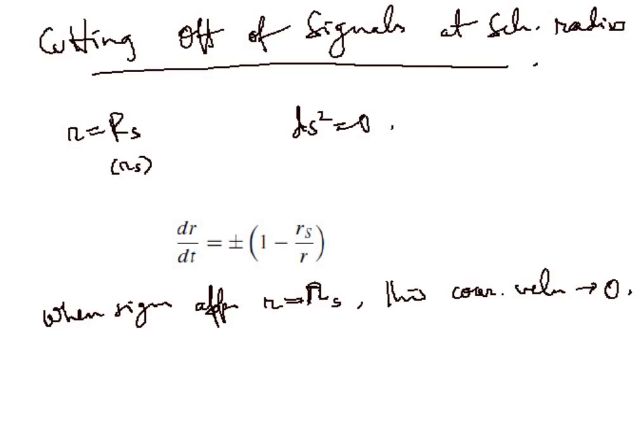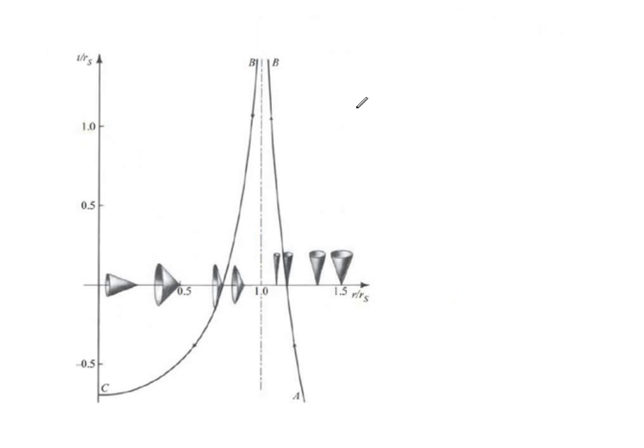Okay, so let me show you the figure where the forward light cones, which can be obtained from this relation, are shown. So here you can see, what I have done is I have used this relationship, which we have just written previously, with rs by r.